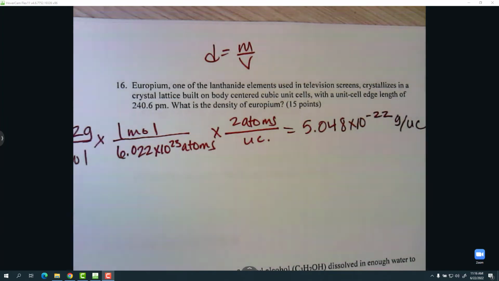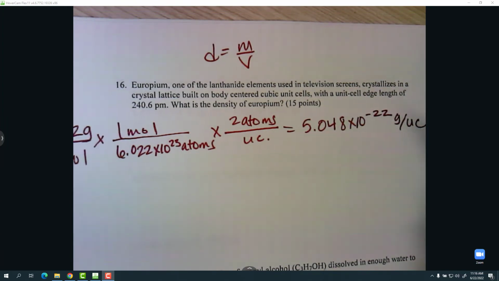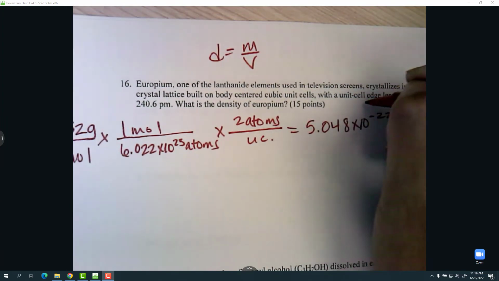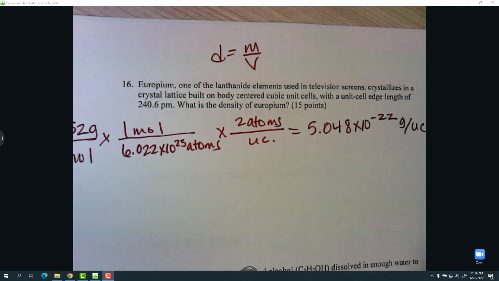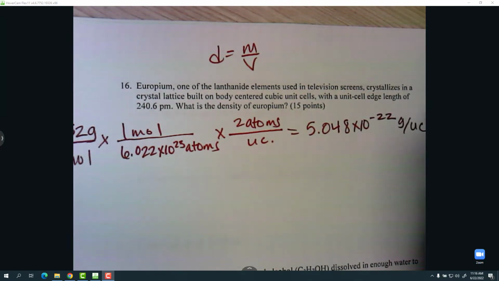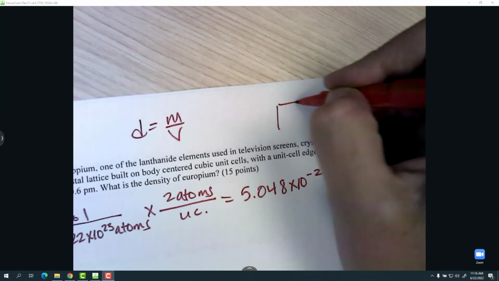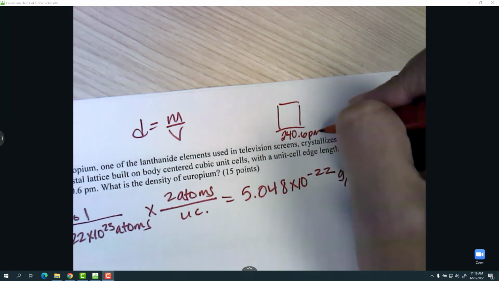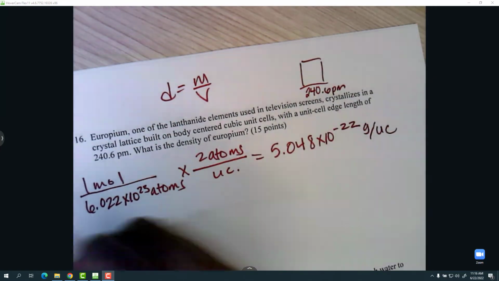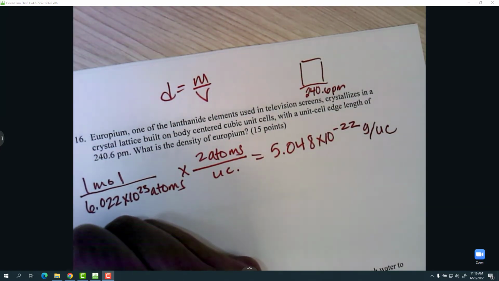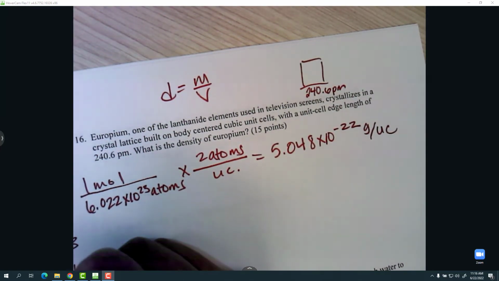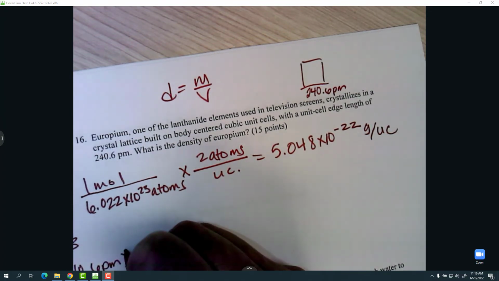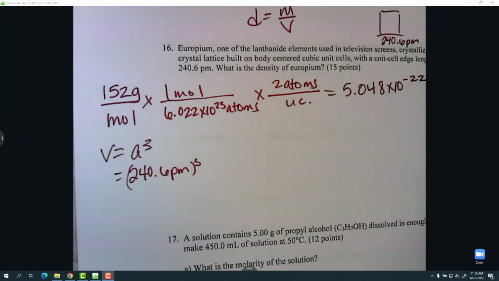So if it did give you the radius, then in the problem I would also tell you that relationship. But this one already gives me the edge length. Remember, we're talking about the volume of a cube, and it's telling me this is 240.6 picometers, and so I just cube it. Right, that's all I have to do.